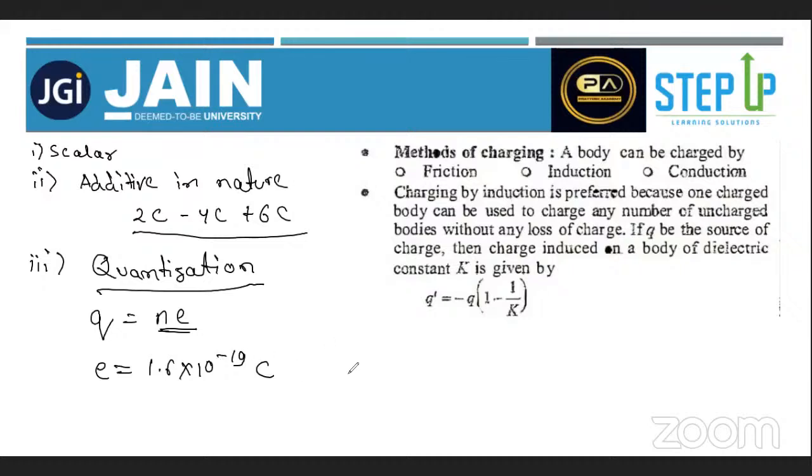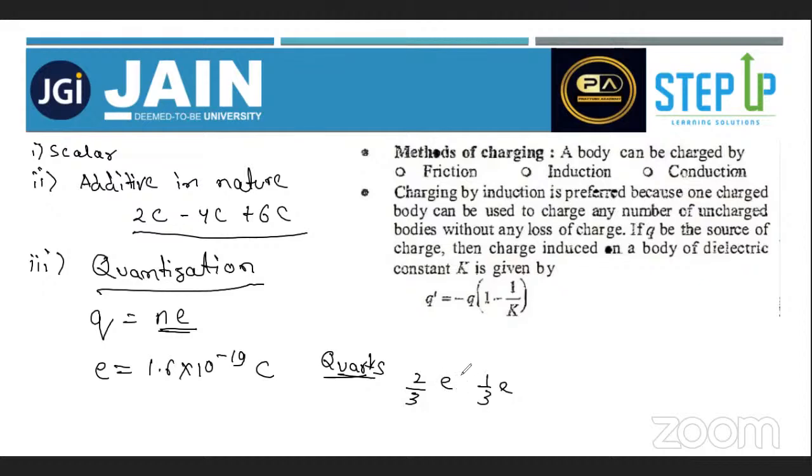You can have exceptions when we are talking about quantization of charge. These are quarks. Quarks have charges written in the form of 2 by 3 e or 1 by 3 e, sometimes plus, sometimes minus.